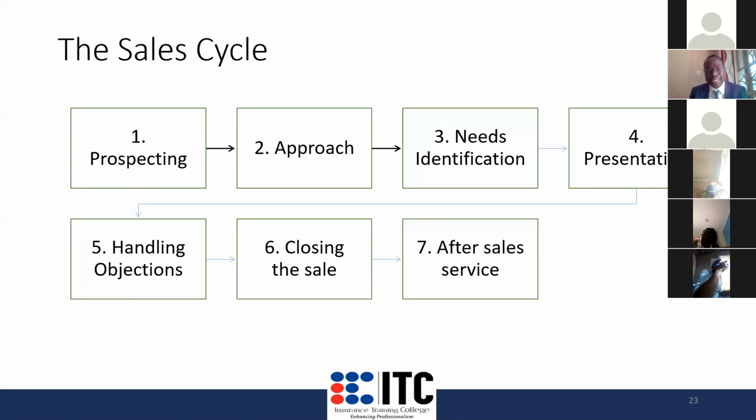There are some people who lose a sale in this scenario. You present the product, it is so good, and then the client says, bring the proposal form. Oh my God. Then you start opening your bag. There are so many documents, some are falling down, and you look very disorganized.